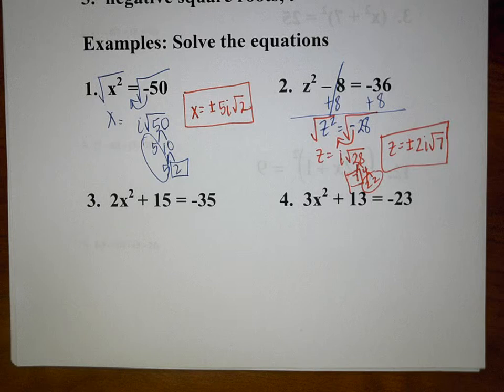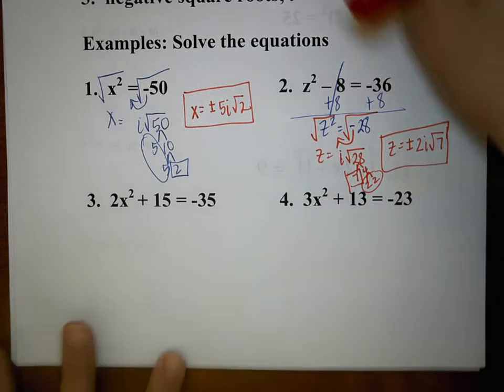You forgot something, Dylan. It would just go behind the 5. Good. I can't see it. Okay, the correct answer is plus or minus 5i.